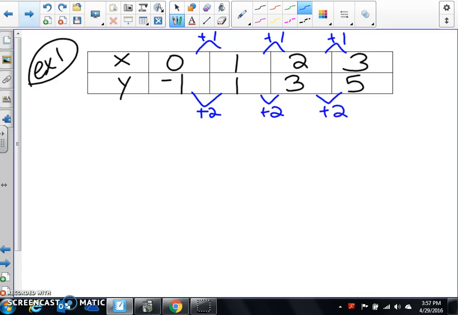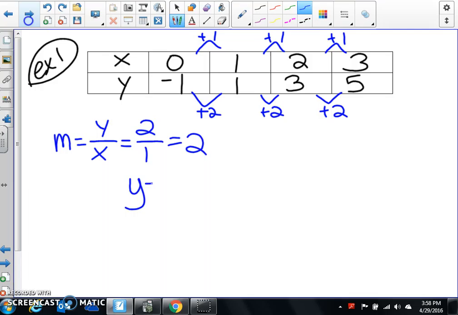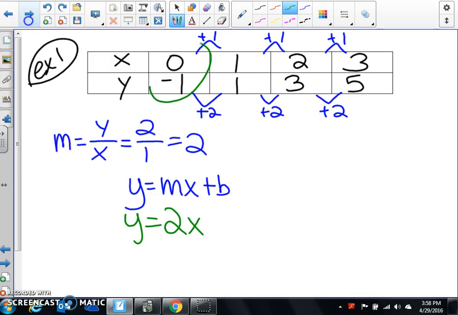Okay, so then my slope, my m, would be y over x, which would be 2 over 1, which is 2. So if I'm thinking about y equals mx plus b, I have y equals, my m is 2. Now I need to find my b. Remember, your y-intercept is your value of y when x is 0. So my y-intercept is -1.